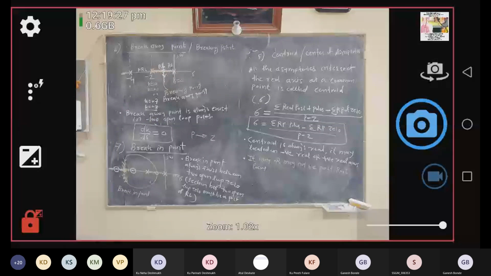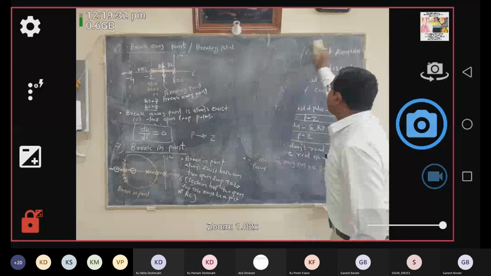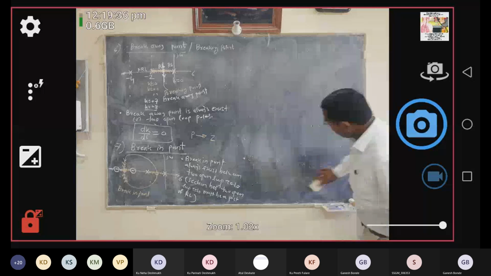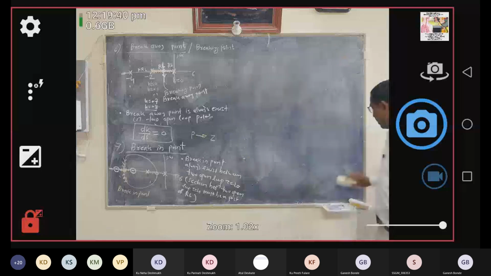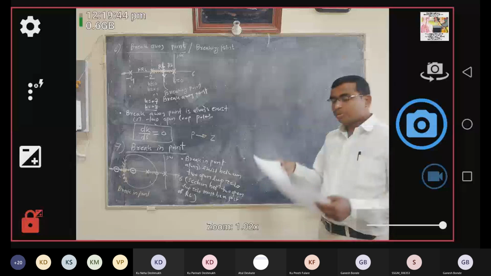Then how to determine the break in point or breakaway point, that we will see. The small test we have to conduct is to equate dk by ds to 0. The same test is applicable to the break in point also. So let's take an example.